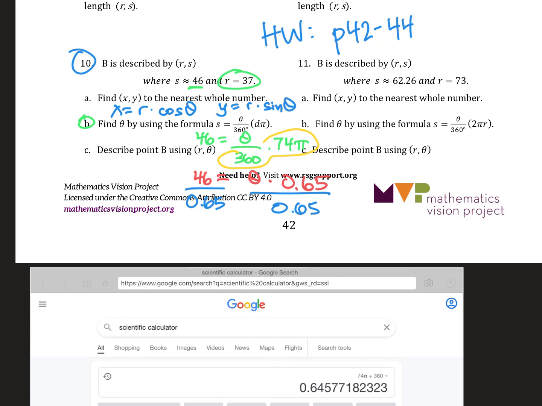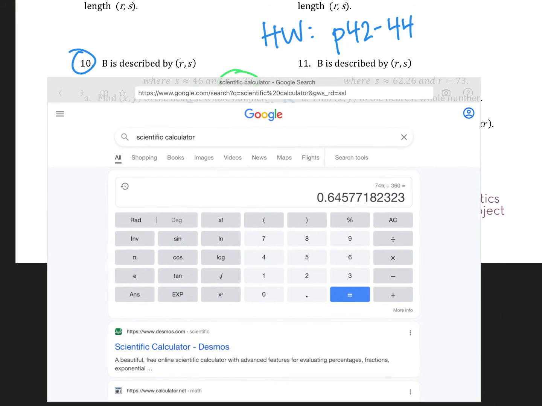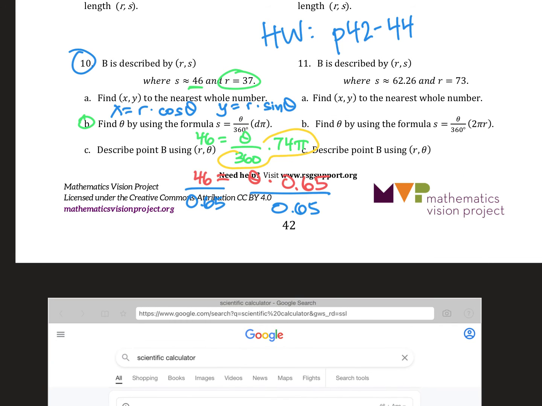So 46 divided by 0.65 will give us our angle theta. If you happen to have the answer that you just used in your calculator, you can divide by the exact amount, and it gets you about 71.2 degrees. So that is theta, 71.2.